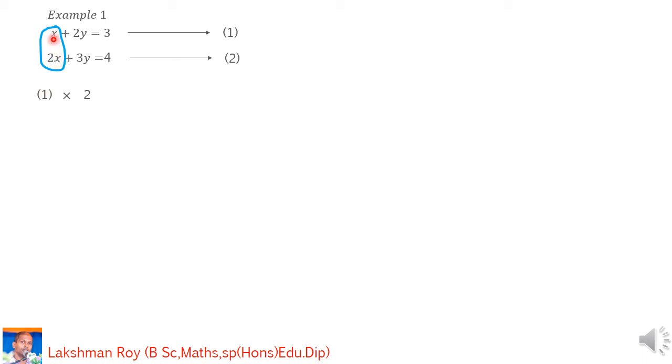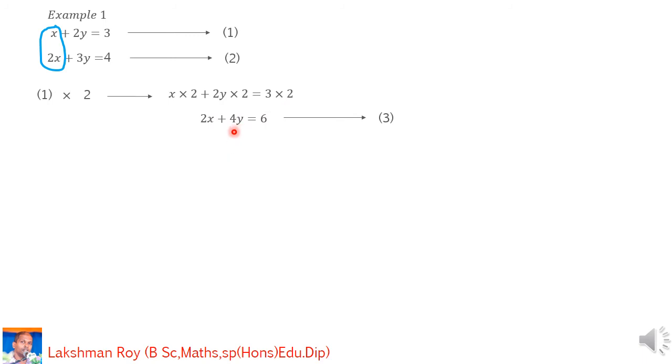First equation multiplied by 2, that means each term should be multiplied by 2: x by 2, 2y by 2, 3 by 2. Then x multiplied by 2 is 2x, 2y multiplied by 2 is 4y, 3 into 2 is 6. So this is a new equation, the third equation.